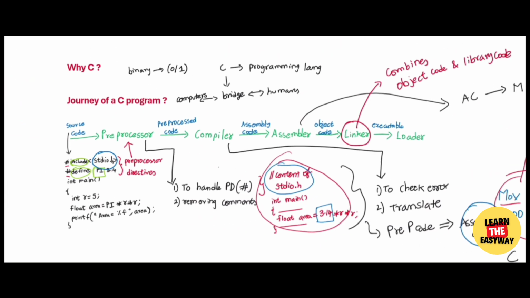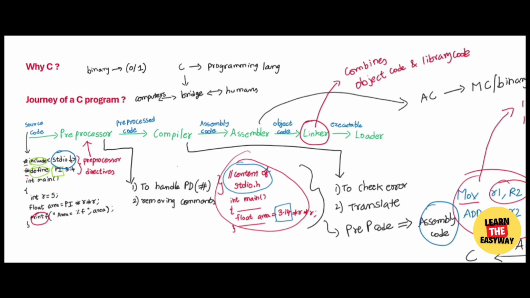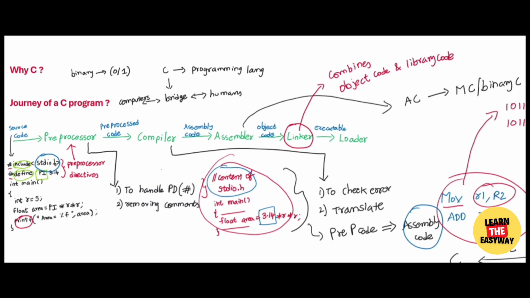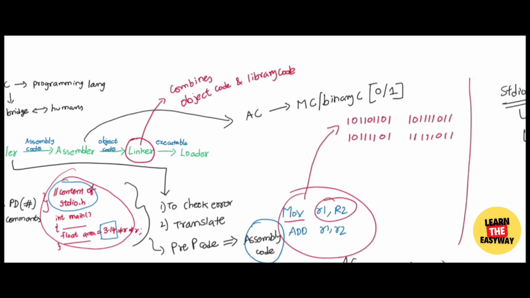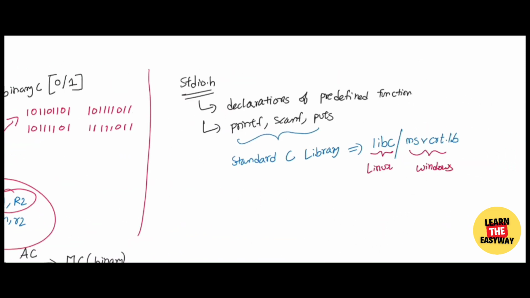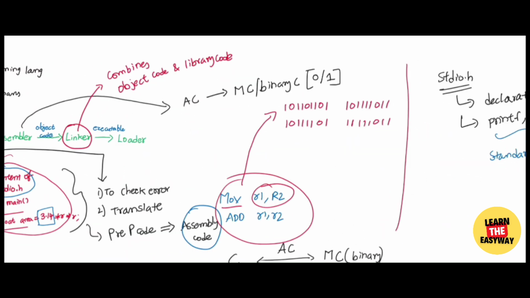In our program, we are using the printf function. The declaration for printf is located in stdio.h. That is okay. But the actual code of the printf function is not located in stdio.h. It is located in these libraries. So the linker will combine our object code with that library code and produce a final executable file.